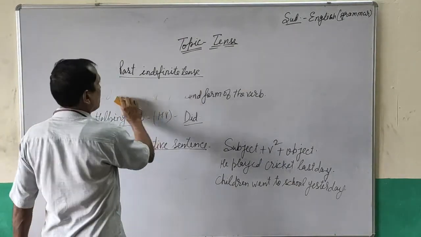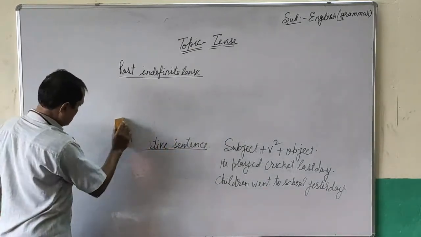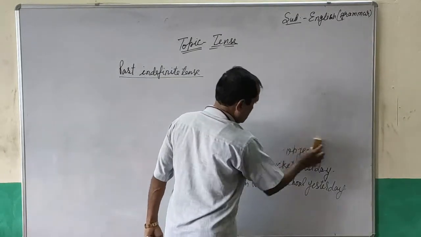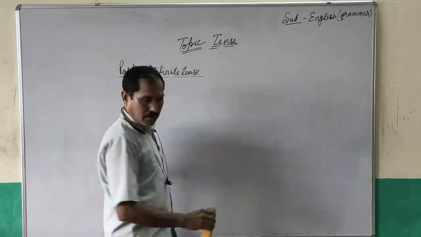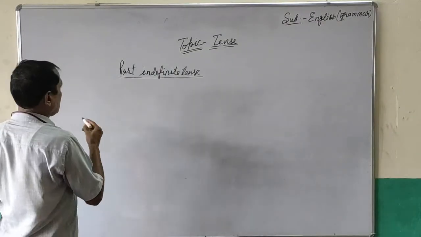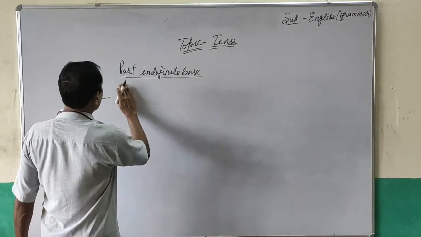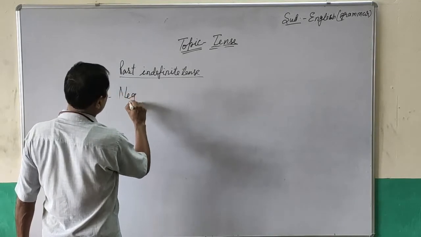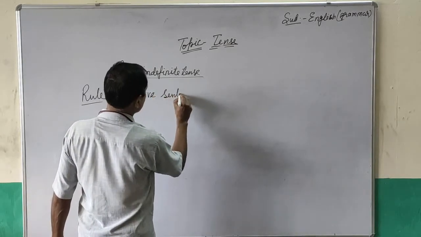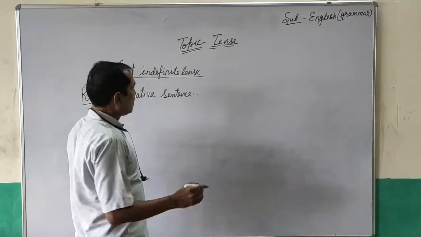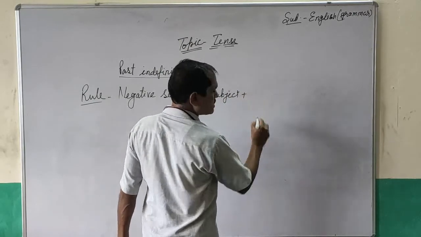Now, first of all, we take negative sentences. Subject plus helping verb.